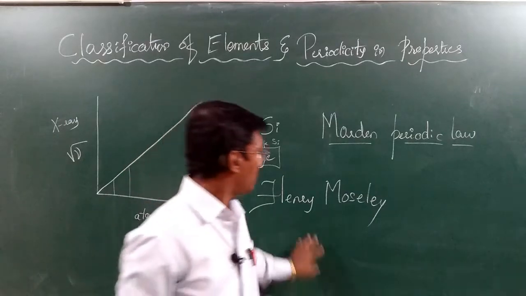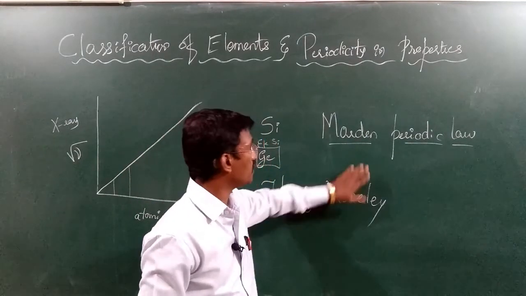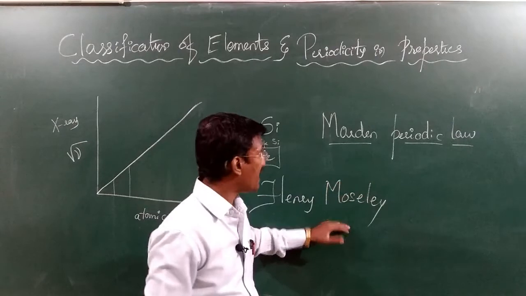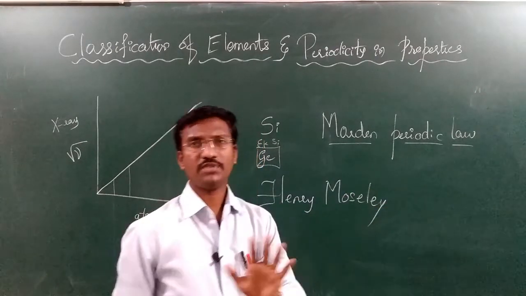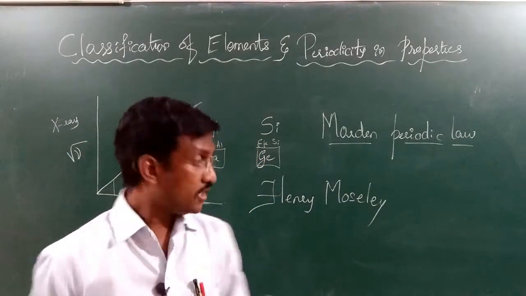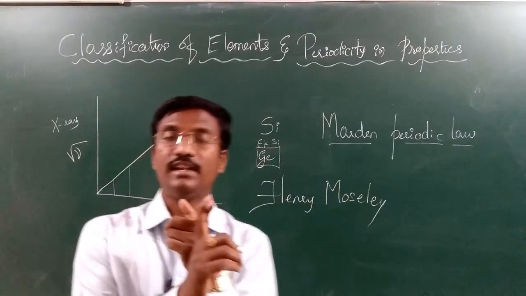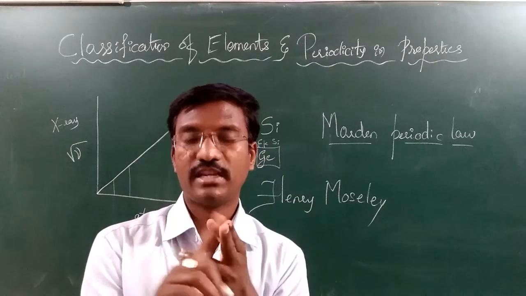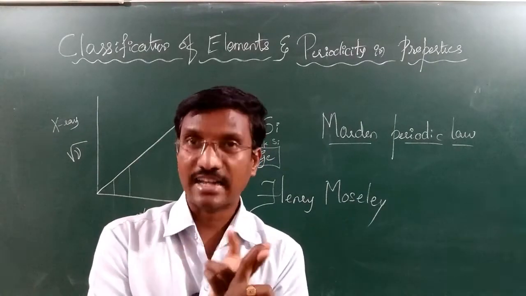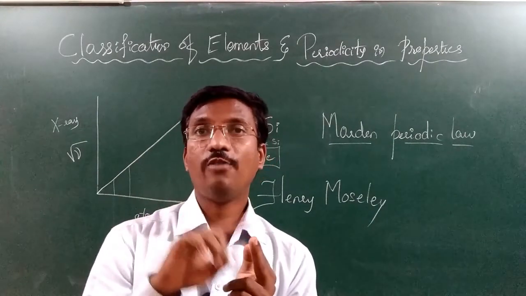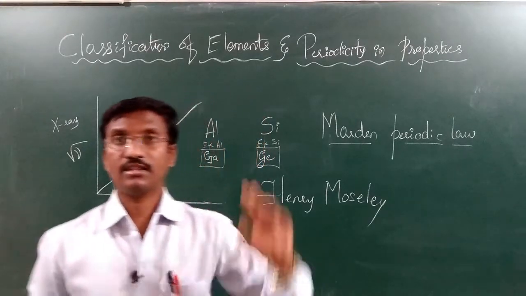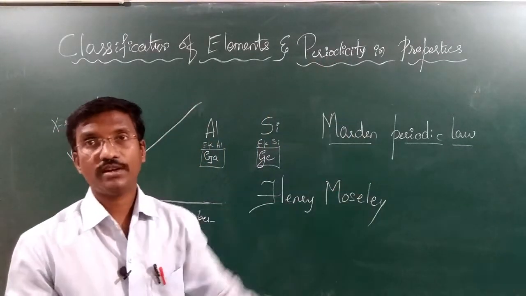Whereas Henry Moseley's table was the modern periodic table, and his law is called the modern periodic law. The modern periodic law states that both physical and chemical properties of the elements are the periodic function of their atomic number. In Mendeleev's law we use the words atomic mass.